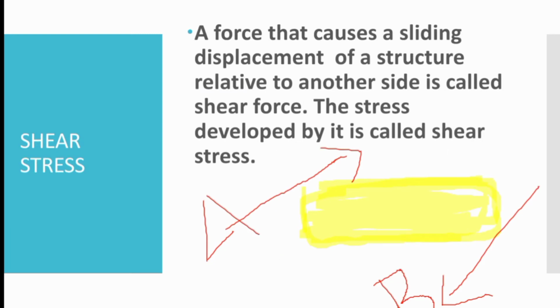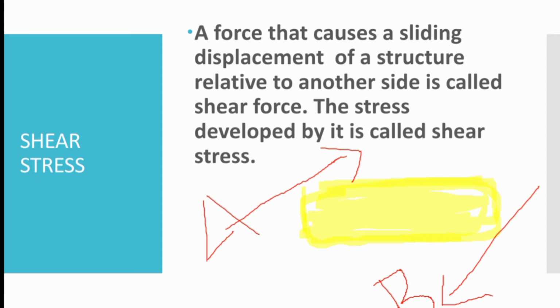Now, what is shear stress? The shear stress is caused by a force that tends to twist a body. Suppose this is a table and two forces are applied to this table in a way that they are opposite in direction. Suppose this force is directed in the direction shown in the figure.